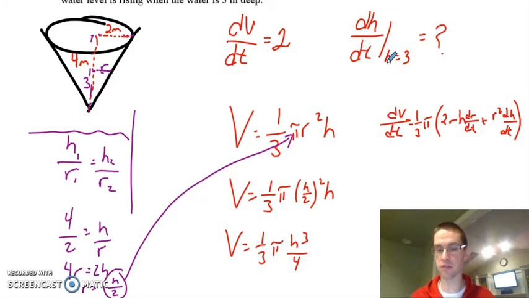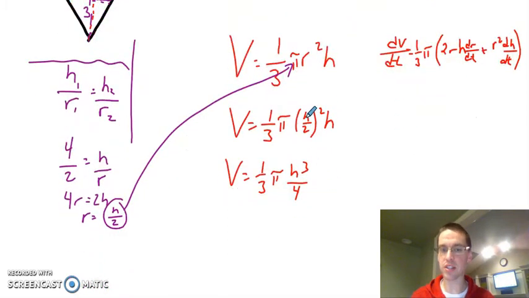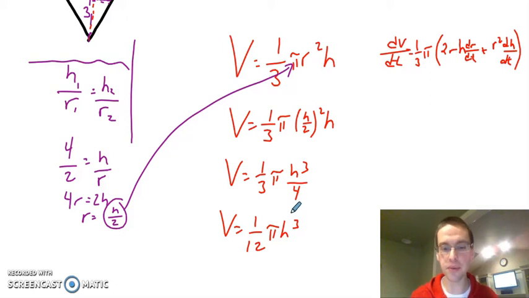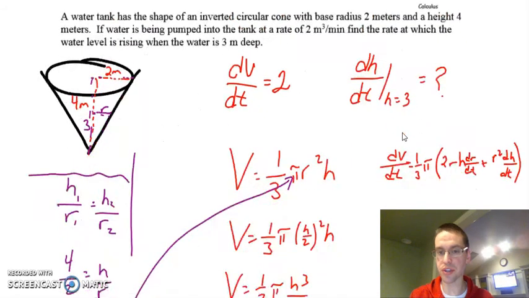I'm looking for dh over dt. I don't have to worry about r. I don't have to worry about product rule. I don't have to worry about finding 3 different rates. How did I get this? h squared times h is h cubed. 2 squared is 4. So I can now say 1 times 4, so 1/12 pi h cubed. Now I can take the derivative and substitute in for when h equals 3.